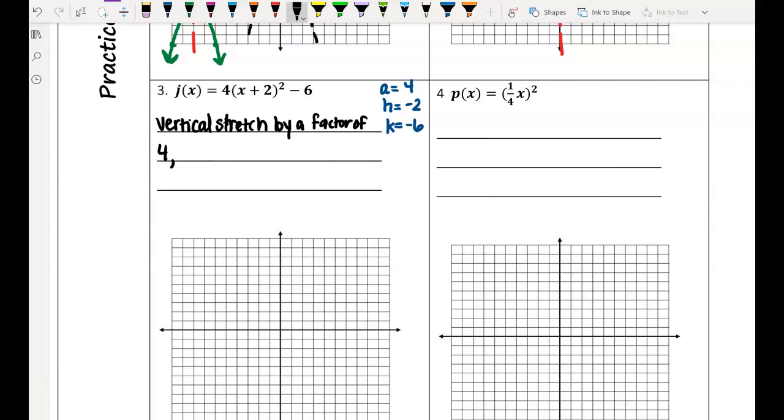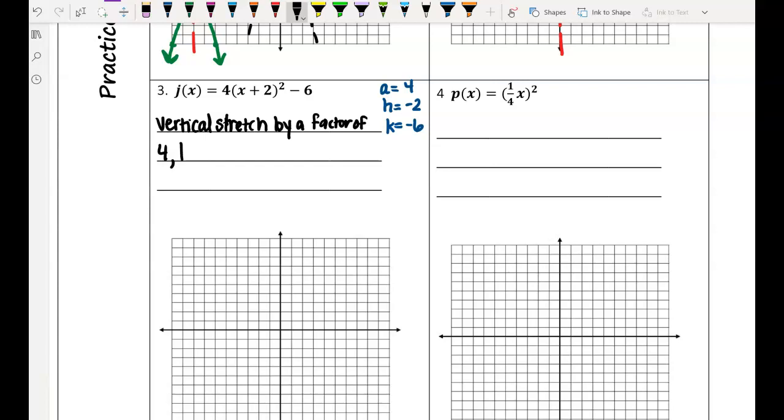And if h is minus 2, what is that telling me? What kind of transformation is happening there? h, is that a horizontal or a vertical?